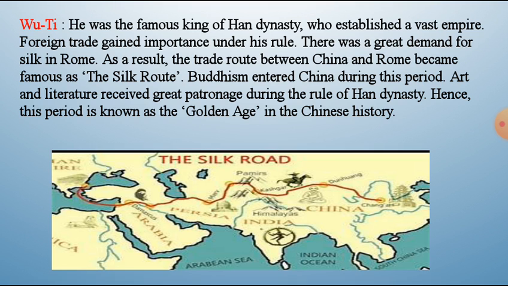People started worshipping Buddha. Even art and literature received great patronage. I spoke about the Chinese dishes, the porcelain dishes. Porcelain dishes are like a type of glass with different art made on it. This period is also known as the Golden Age in Chinese history.